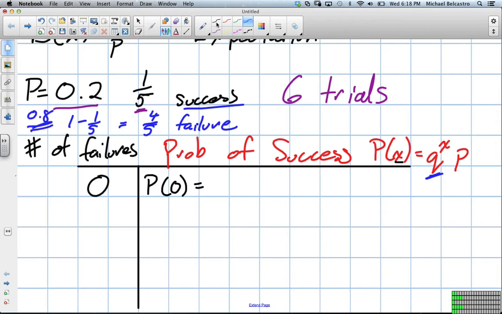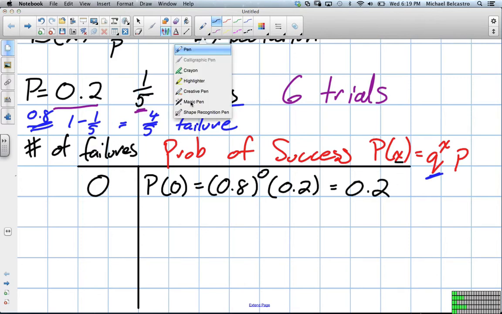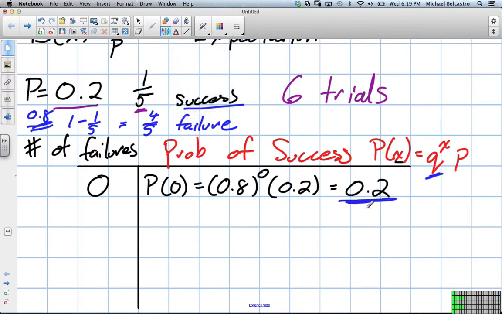So the probability of 0 failures is 0.8 to the power of 0 times 0.2. 0.8 to the power of 0 is 1, times 0.2 is 0.2. So your probability of being successful on your very first try is 0.2. Makes sense: you have a 1 in 5 chance of rolling that 1 on a 5-sided die.